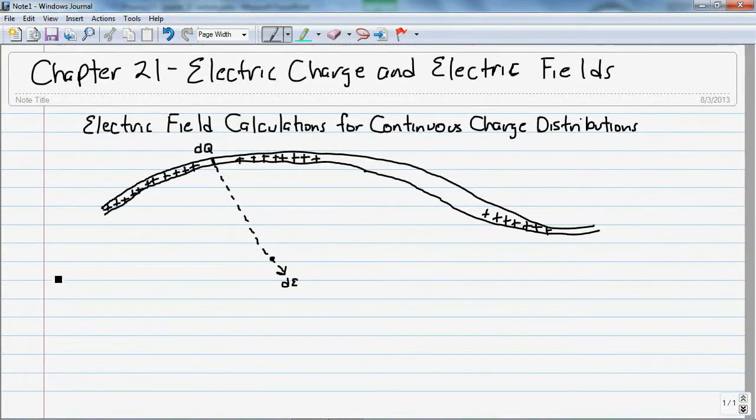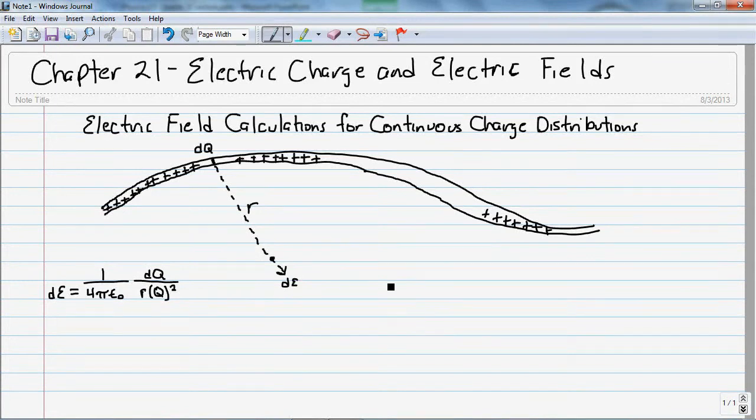So our electric field equation for differential becomes: differential electric field is equal to 1 over 4 pi epsilon naught dq over r squared. This is probably not the most logical way to put this, but I'm going to put it this way just so that you know that the distance is related to the charge location squared. So this is your distance r.